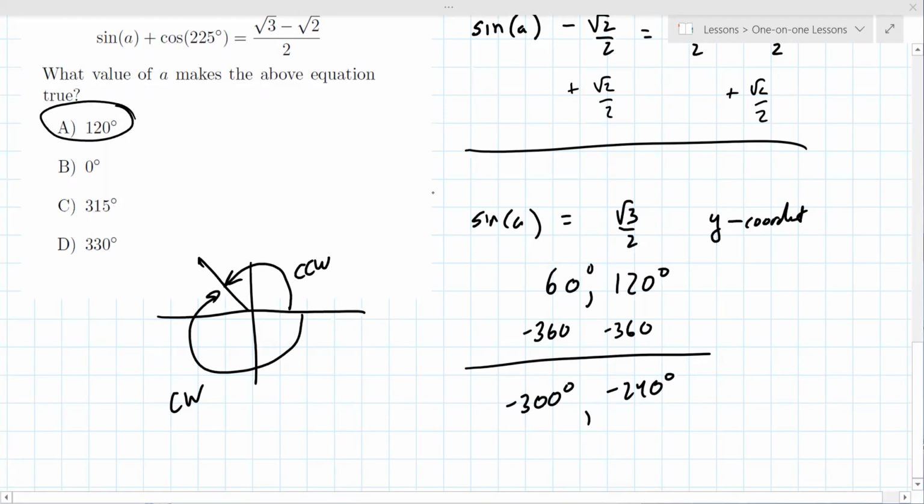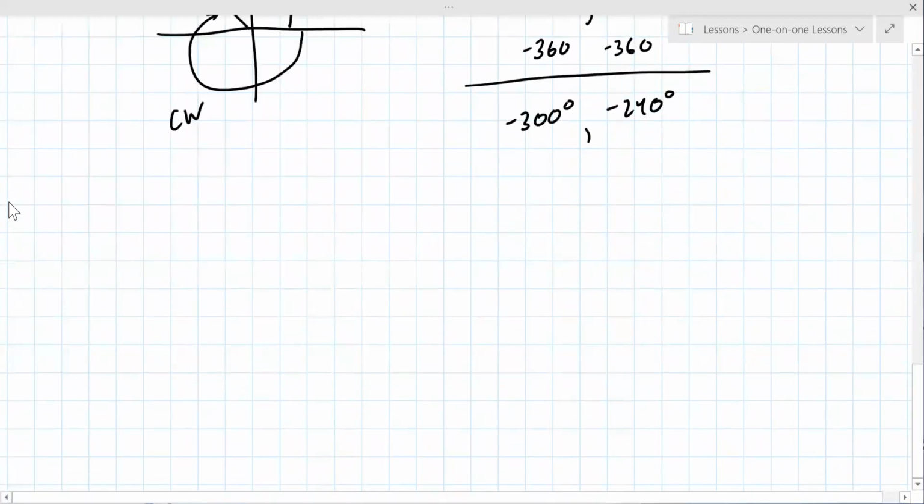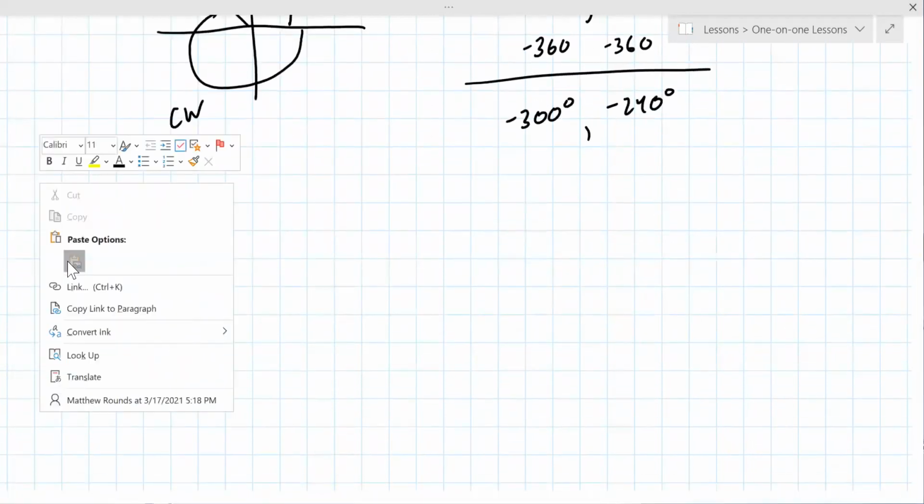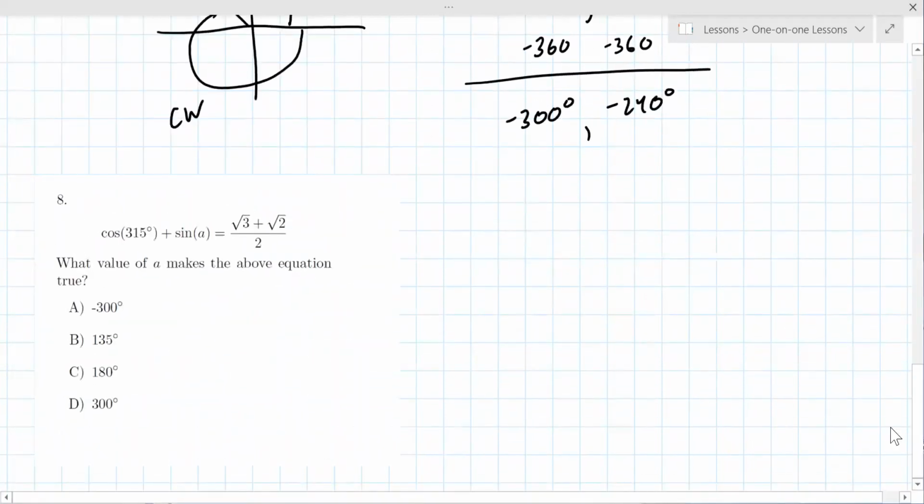So these do get a little repetitive, but this is where I would ask you to think about whether you know your unit circle, or whether you can get back to where you know it. How much of the unit circle would I have to know, realistically? The first quadrant you should know for sure.